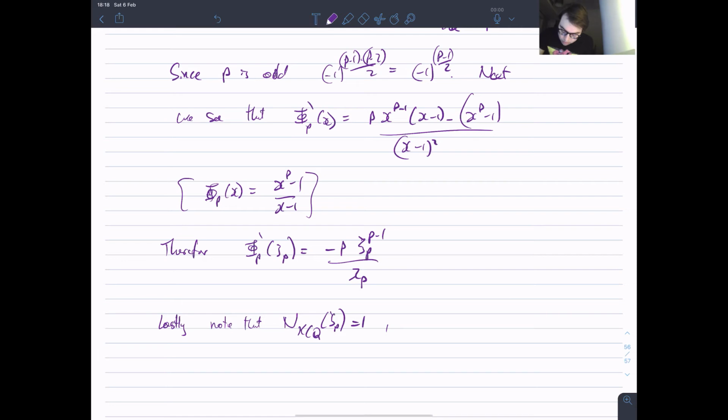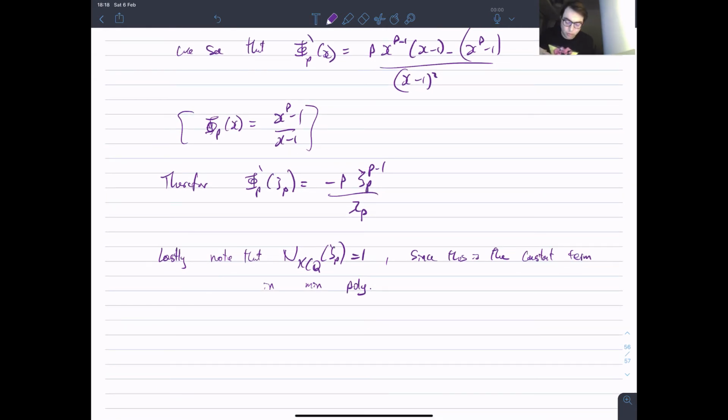So since this is the constant term in the min poly, and the signs work out correctly. Usually you have to work out what the sign is, but in this case it is exactly that.